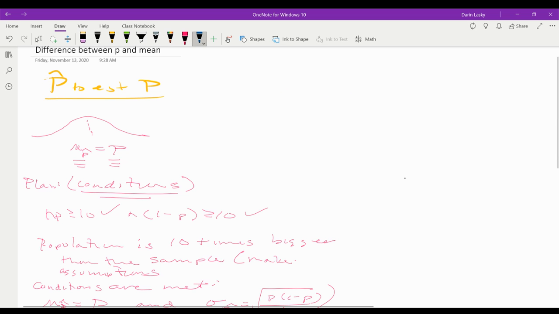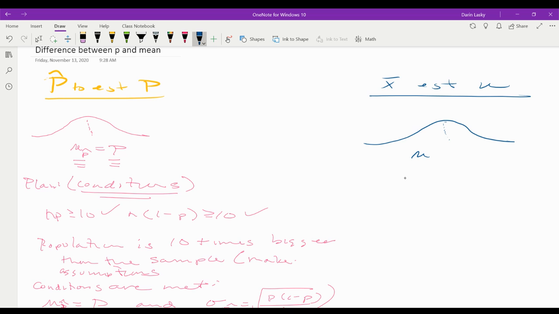So let's do x bar to estimate mu. When we look at this, it's the same idea, except instead of mu of p hat, we have our sampling distribution of the sample mean, mu of x bar. We want to make it equal to mu. And how do we do that?